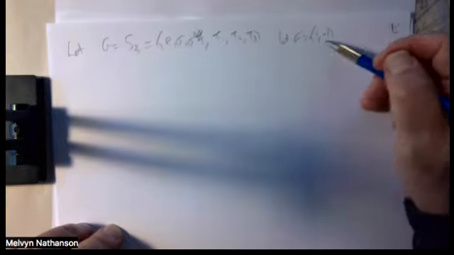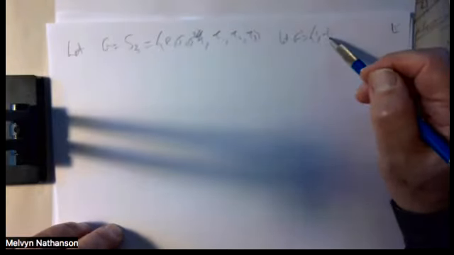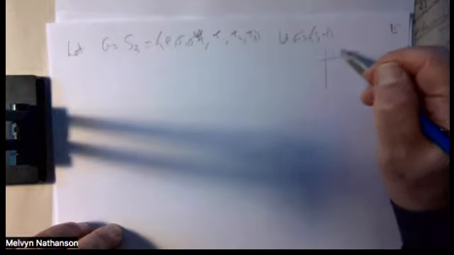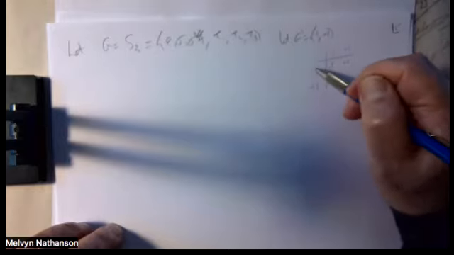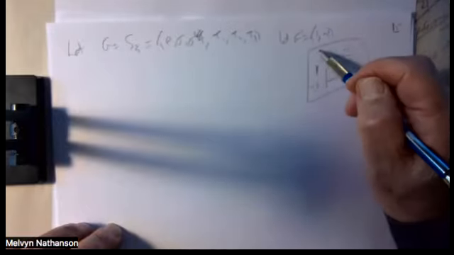This is just a group with two elements. 1 times 1 is 1, 1 times minus 1 is minus 1, minus 1 times 1 is minus 1, minus 1 times minus 1 is plus 1. That's the multiplication table for G prime.